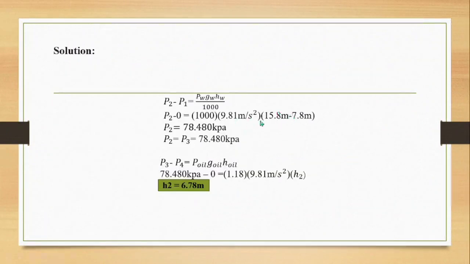Calculate na nato sa calcu guys. Ang atong answer na mogawas para sa p2 is equals to 78.480 kPa. So ang ato p2 is equals to p3 equals to 78.480 kPa. Mao nga ato mahimo na siya p3.